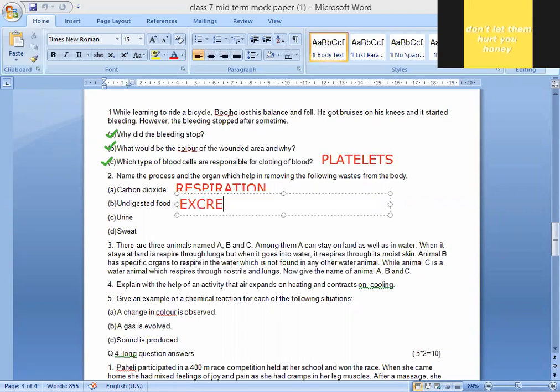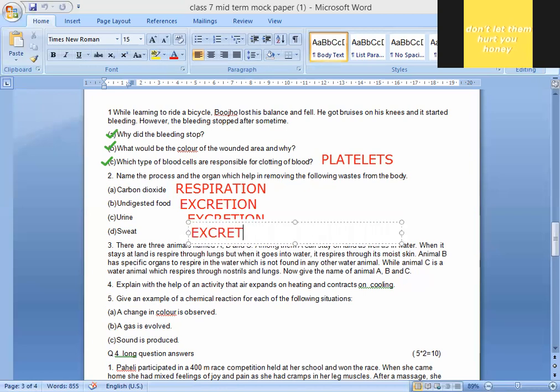Ma'am, excretion. Urine. You have to tell the name of the process and of the organ. I am giving the name of the organ only. Urine, again excretion. Process is excretion. Next, sweat. Name the process. It's also excretion. But the organs are different.